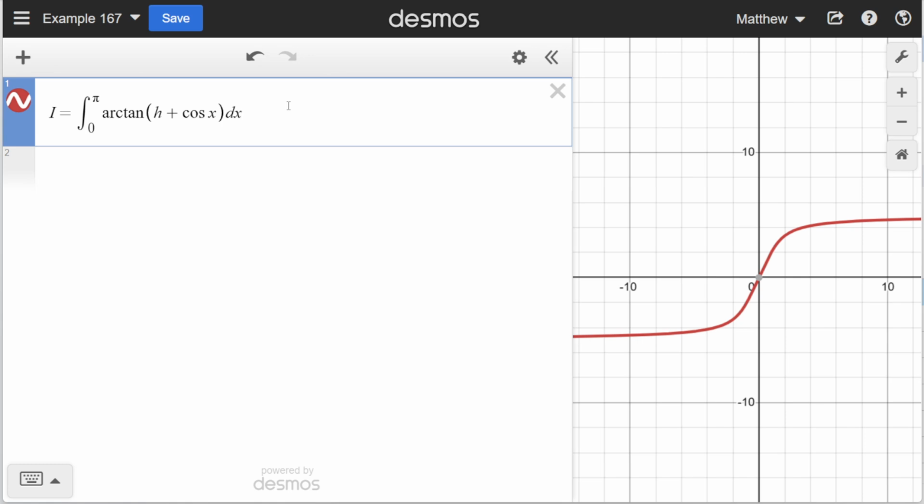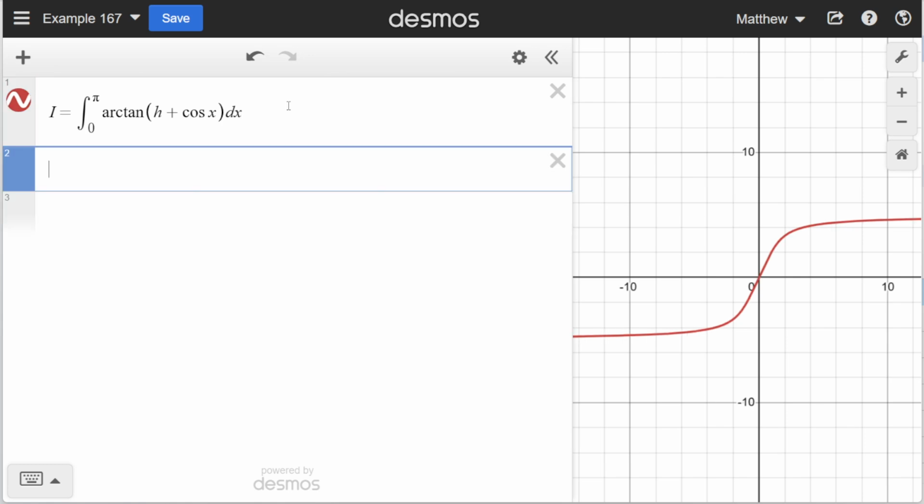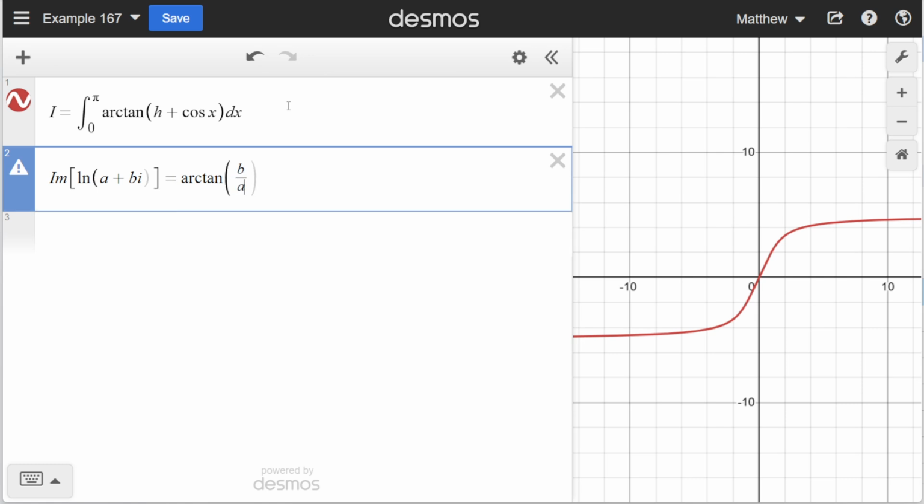So we're going to be working on this together today. A technique that I've been using lately is stating that the imaginary part of the natural log of an expression a plus bi is equal to the arctangent of b over a.